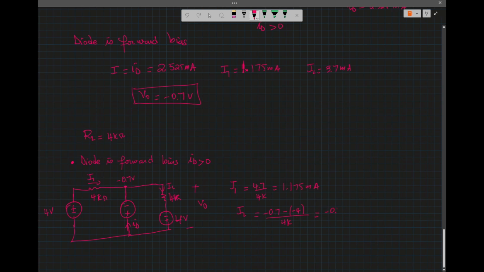So minus 0.7 plus 4 divided by 4k. So 3.7 divided by 4k. So 3.7 divided by 4, that gives me 0.93 milliamp. So that's the load current.